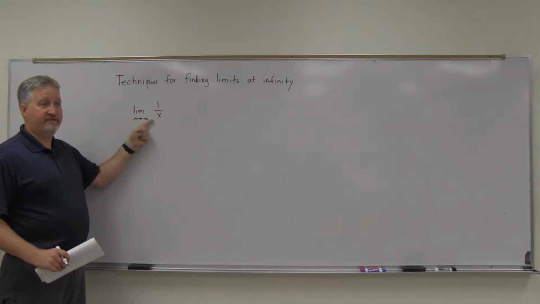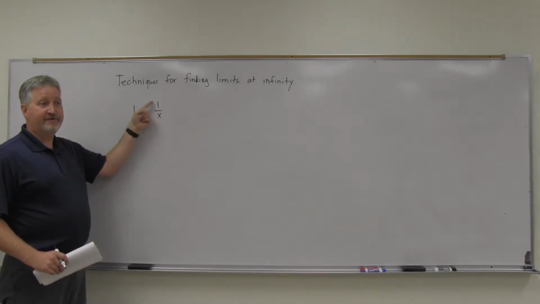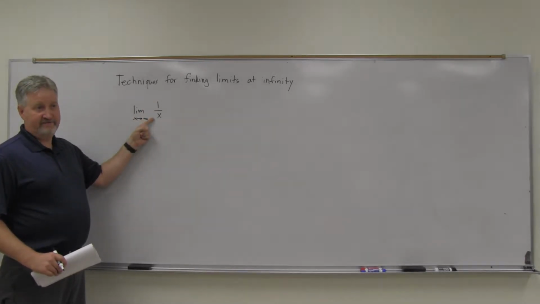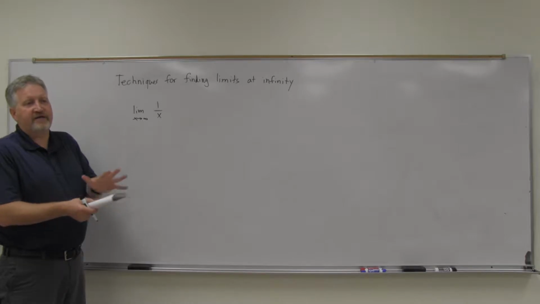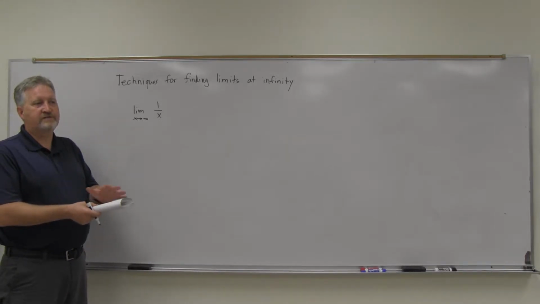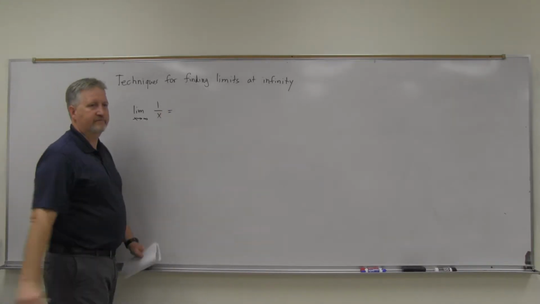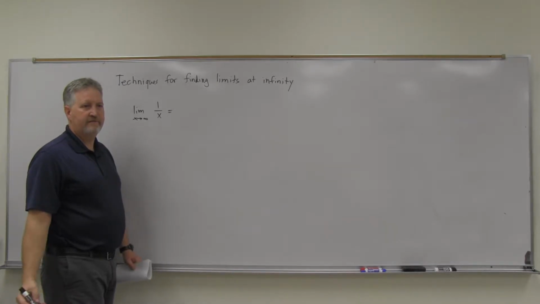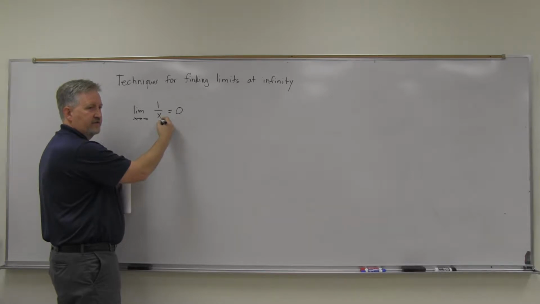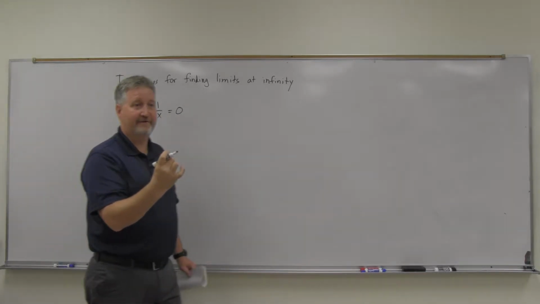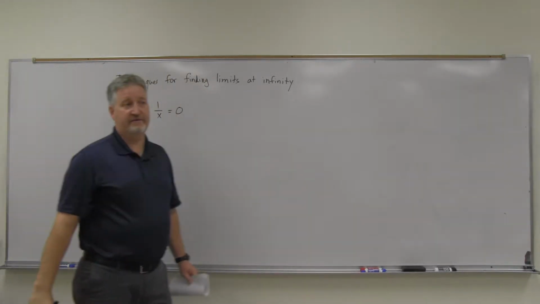So 1 divided by 10, 1 divided by 100, 1 divided by 1,000, 1 divided by 10,000. It's getting smaller and smaller without getting negative. So what is this limit going to be? 0, isn't it? 1 divided by 1,000,000, 1 divided by 10 million. You're getting closer and closer to 0 there. So that limit's going to be 0.